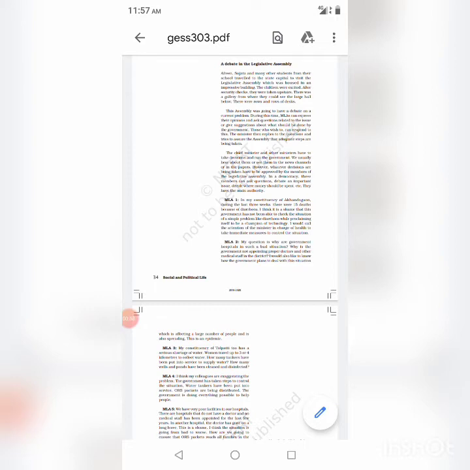The Chief Minister and other ministers have to take decisions and run the government. However, whatever decisions are taken have to be approved by the members of the Legislative Assembly. The word government refers to the government departments and various ministers who head them.